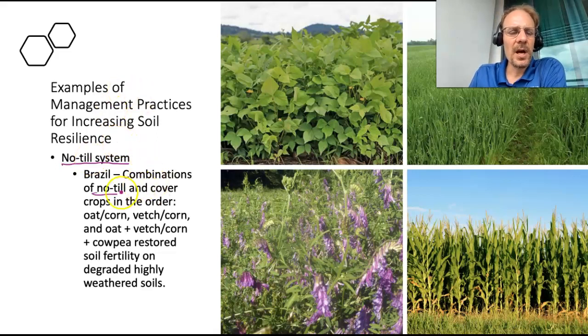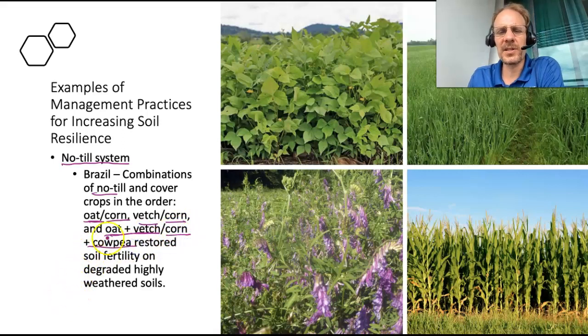So they used crops such as a cover crop of oats, then their cash crop of corn, then a cover crop of vetch, followed by a cash crop of corn, and then oats and vetch as cover crop, followed by a cash crop of corn, followed by cowpea. We have a picture of many of these crops.